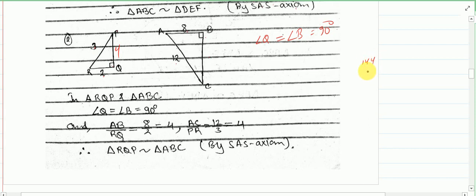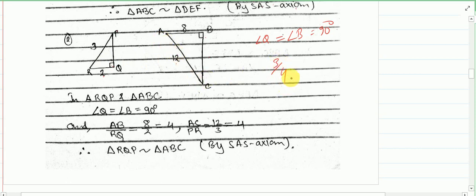So 144 minus 64. Or instead of doing that, what you can do is, the corresponding sides are already given to you. So PR is how much? 3. Corresponding to PR is what? AC.